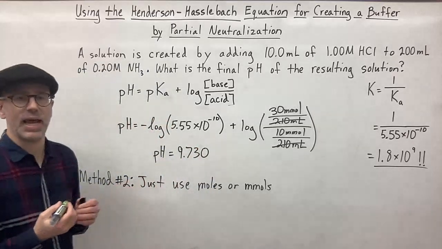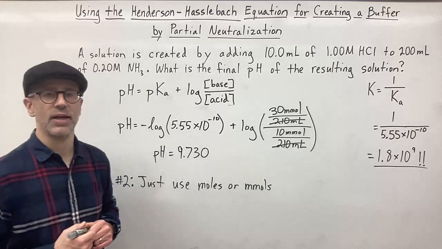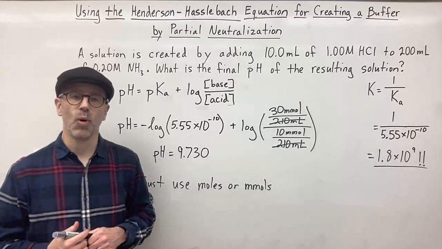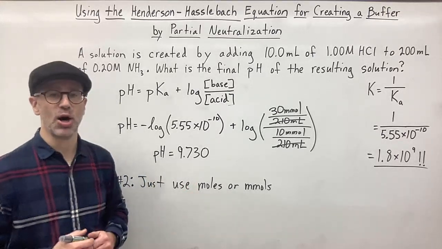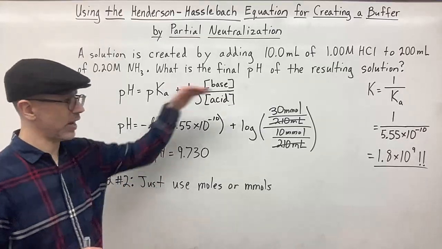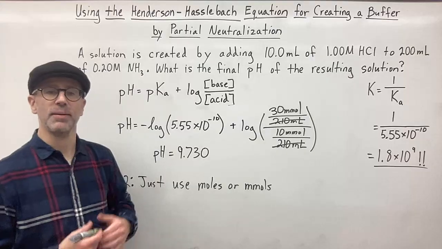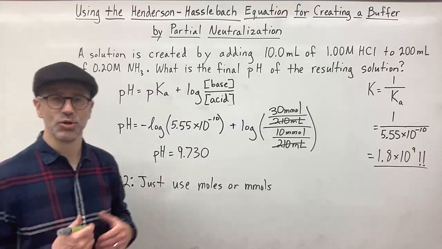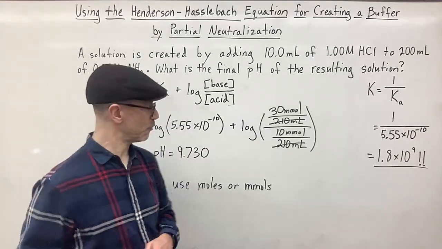So you get the same answer either way. If you want to skip the calculation part, you can skip the calculation of the molarity and just go ahead and plug in the millimoles. It might save you time on a test or quiz, so it's good to look out for that.